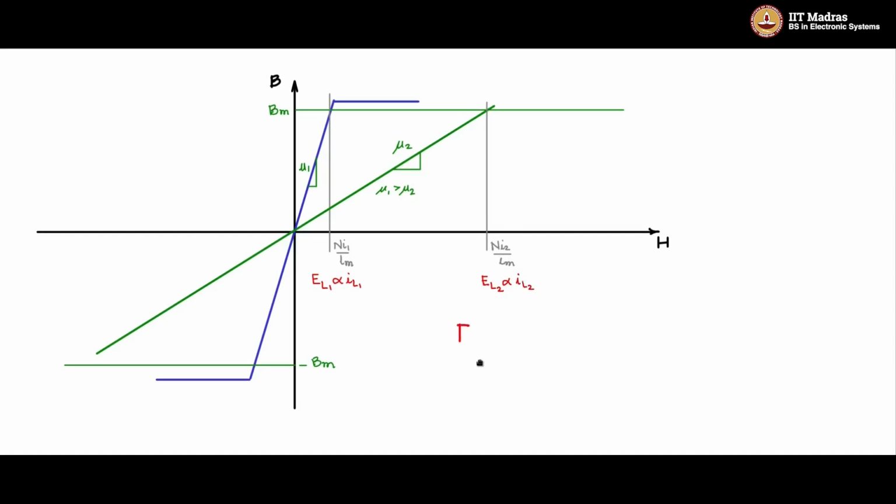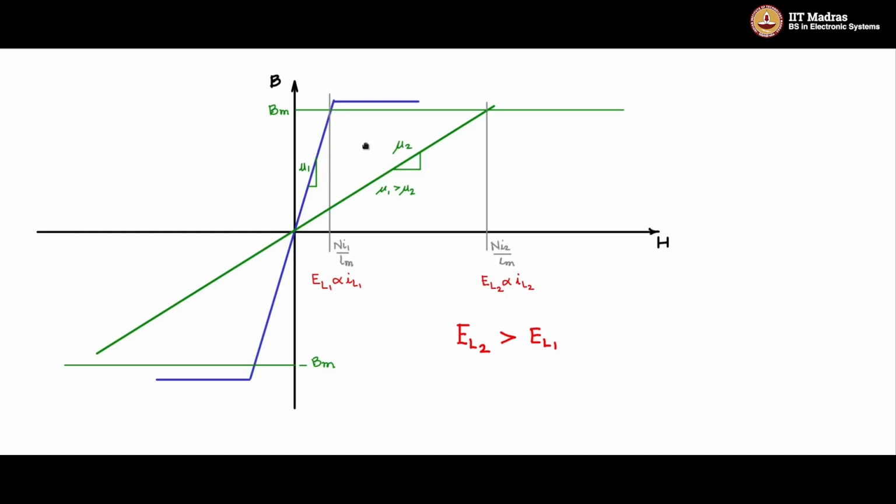So we see here that the energy at this point, for this particular current being handled for this curve, for this core, the green line EL2, is greater than the maximum energy that can be handled by this core, indicated by the blue line.